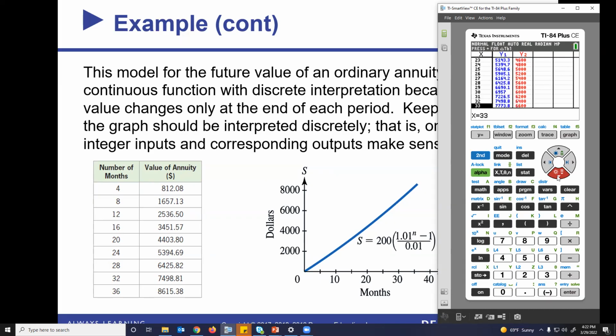So when I make it down to 36, I've actually only put in $7,200 over the last 36 months, which would be about 3 years. But in my bank account, there will be $8,615.40. So even though I'm putting money away every month, I'm earning money for just letting it sit in this account.